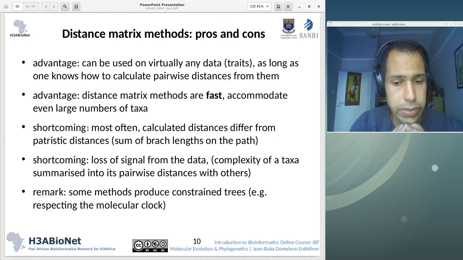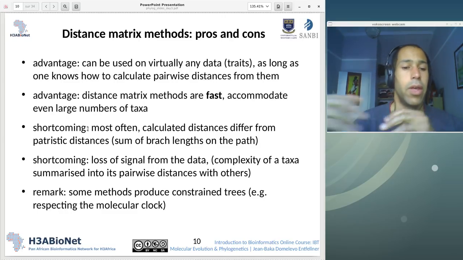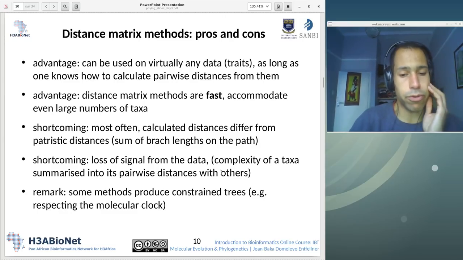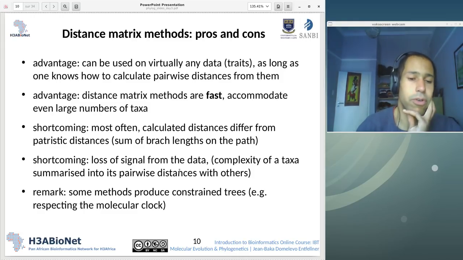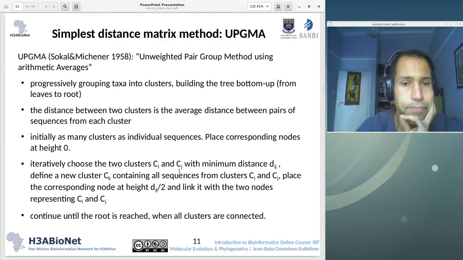Okay. So the complexity of the data of a taxon is summarized into its pairwise distances with others. Some methods produce constraint trees. We're going to see later what's this constraint of molecular clock.